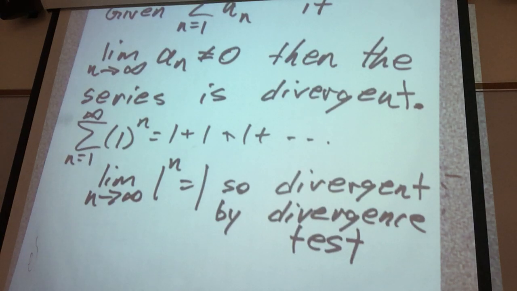Right? And it doesn't have to converge to some number other than 0. If the limit just does not exist, it does not equal 0. So if we said, let's say, the sum n equals 1 to infinity of sine of n.